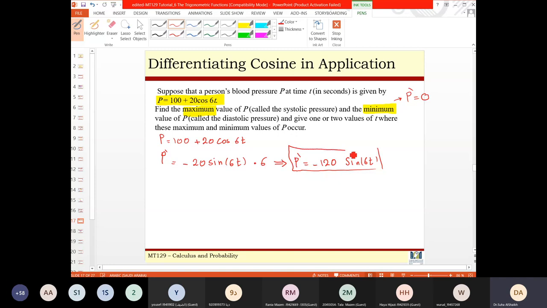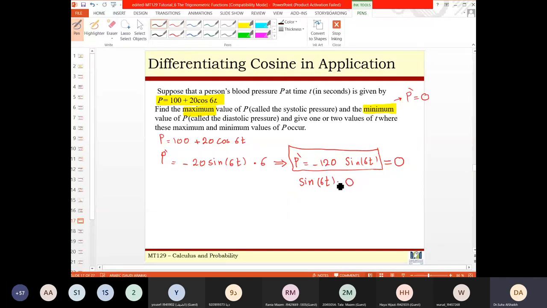This is my P dash. Now I have to let this equal to 0. If I let this equal to 0, I will end up with sine of 6t is equal to 0.